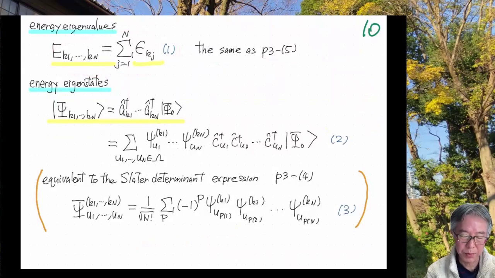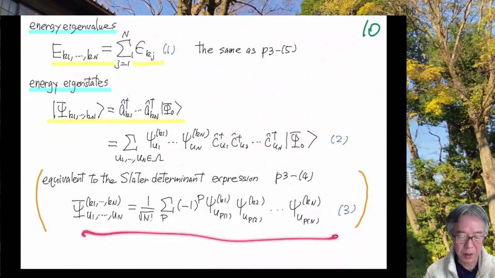More precisely, by using this wave function psi and C dagger, it's written like this. And I argue that this is equivalent to the Slater determinant expression that we have seen in page 3. It's not immediate to see, but you can find that they are equivalent.